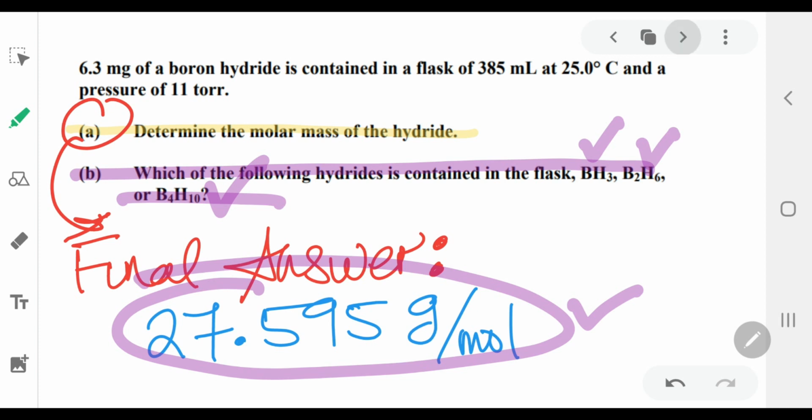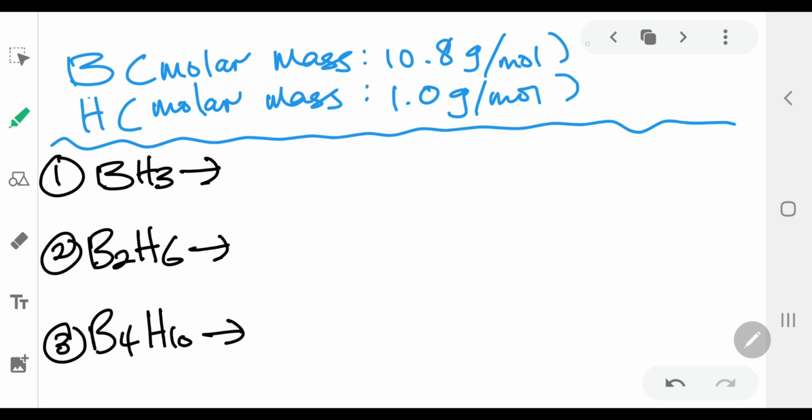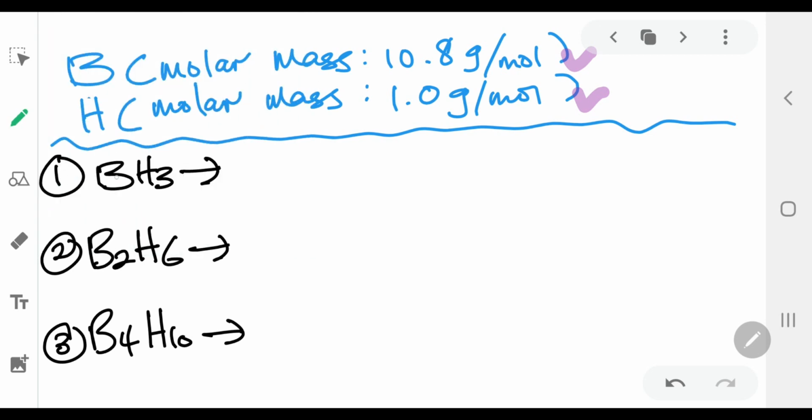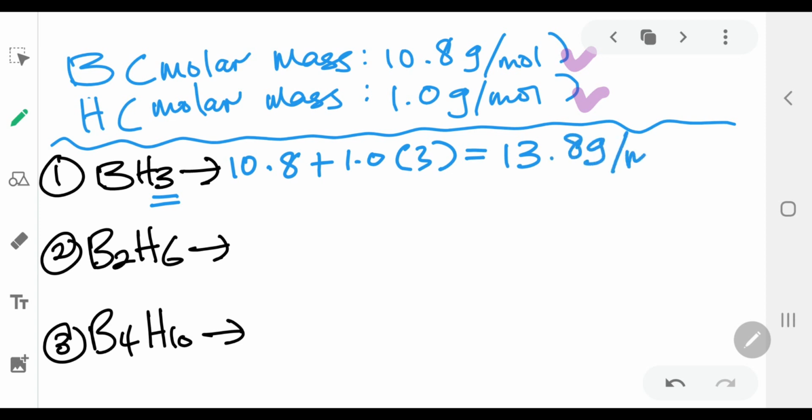It's very simple. So first you need to identify what is the molar mass of your boron, and then identify the molar mass of your hydrogen. Okay, so we can do it one by one. So for the first one over here, boron is 10.8. So you're going to plus 1.0 times 3 because you have 3 H over there. Then you would be getting something like 13.8 gram per mole. Okay, so what about the one over here?